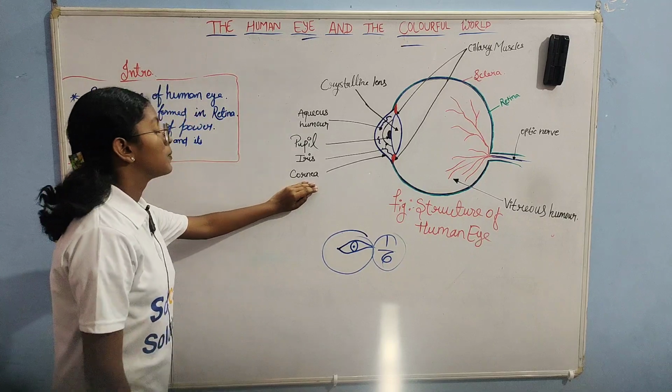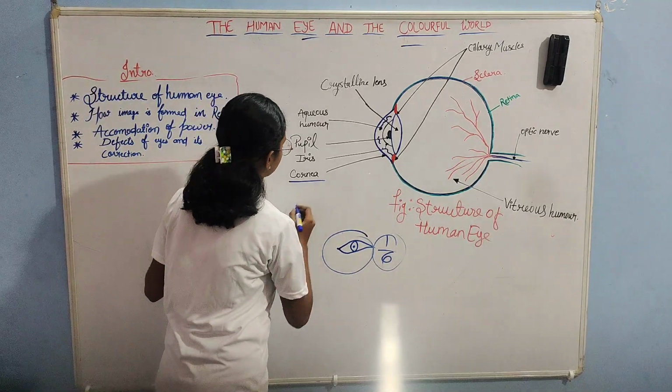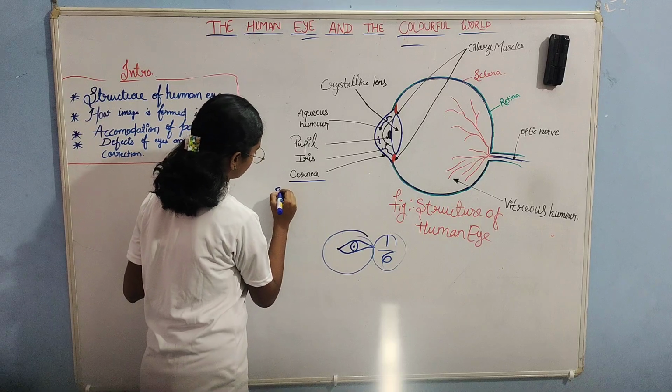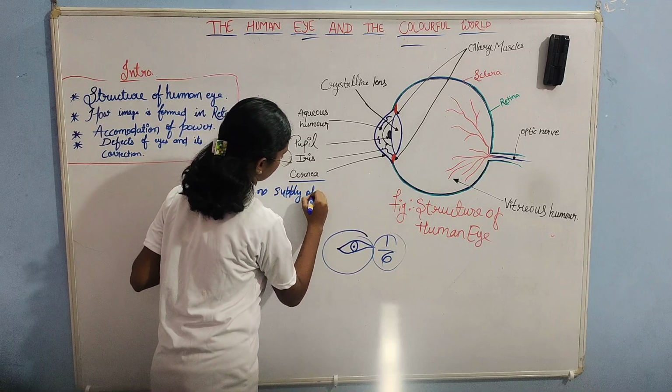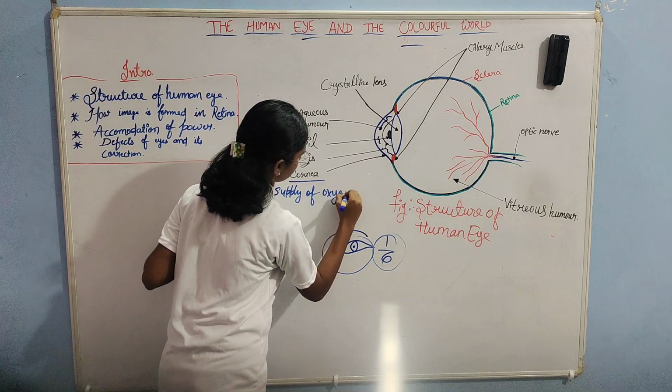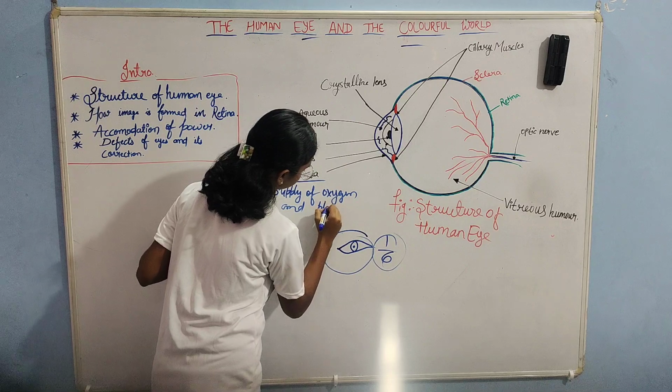In the human body, the cornea is the only part where there is no supply of oxygen and blood.